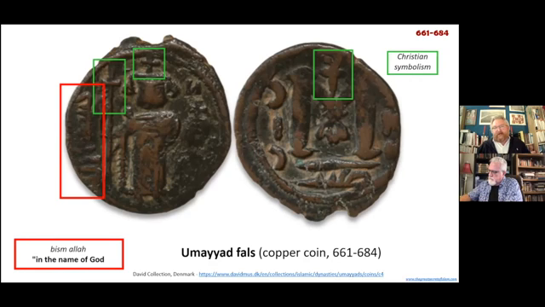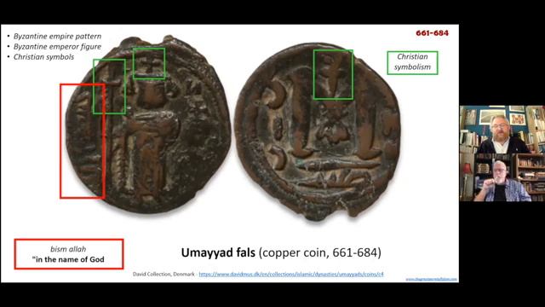So we see here that an Arab power is kind of emerging, but it is not an Islamic power yet, because of the crosses and because of the Byzantine Empire pattern. Which means that Muawiyah, even though he often opposed the Byzantine emperors, was still within the Byzantine Empire's sphere of influence. He was still a kind of Byzantine himself.